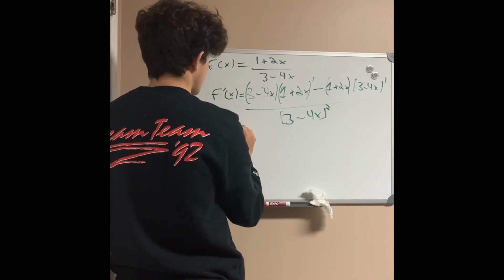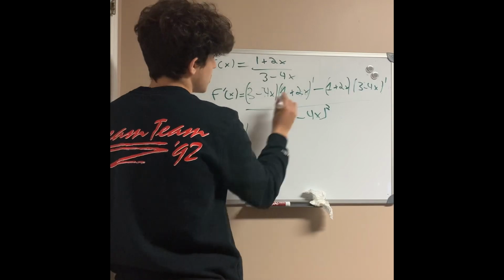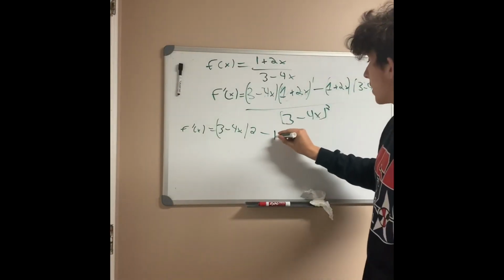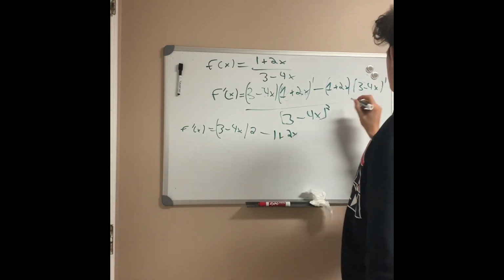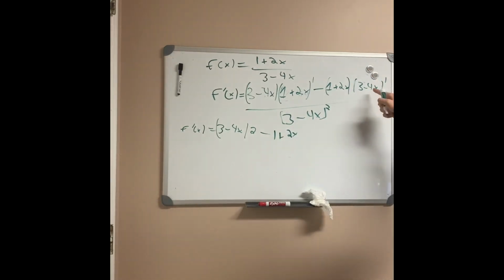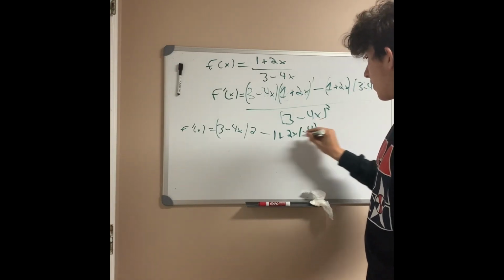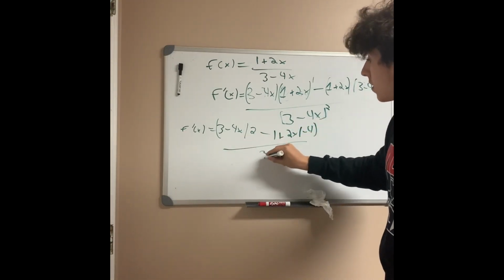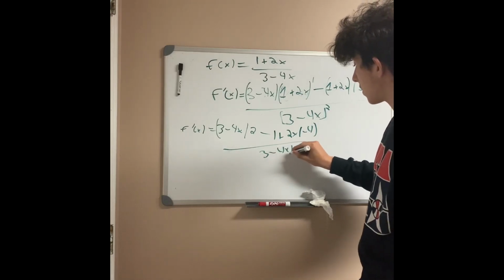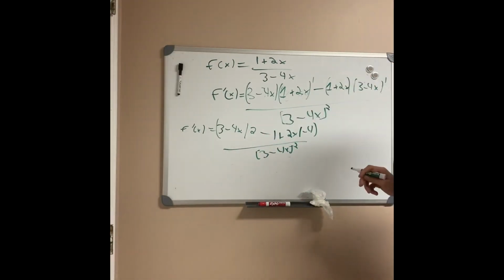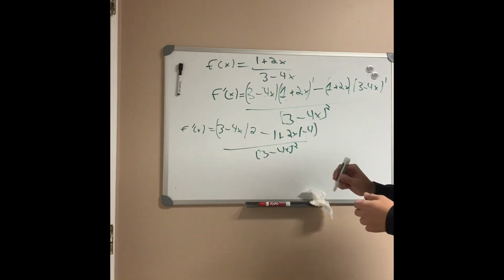It's 3 minus 4x times 2, minus 1 plus 2x times negative 4, divided by 3 minus 4x squared.